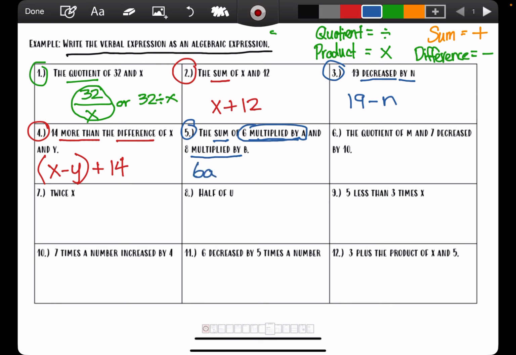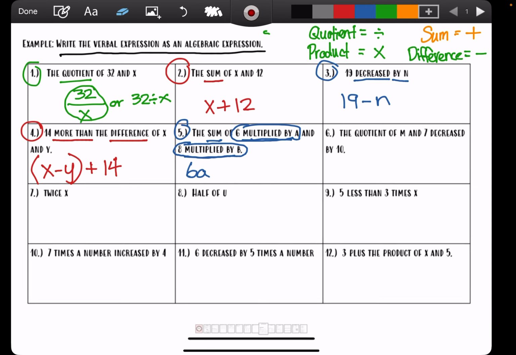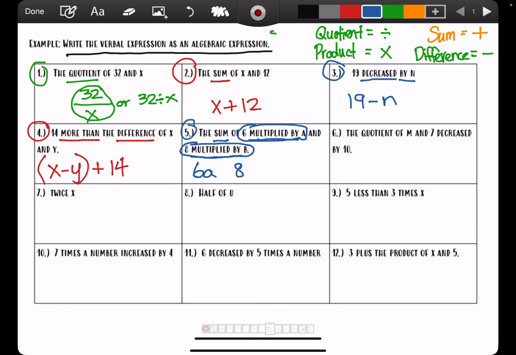Then 8 multiplied by B looks like 8B. The sum means those two terms are added together, so 6A plus 8B is the sum of 6 multiplied by A and 8 multiplied by B.